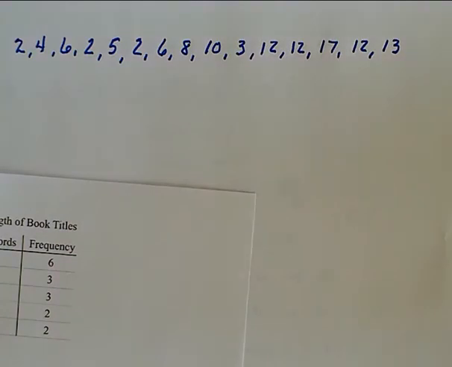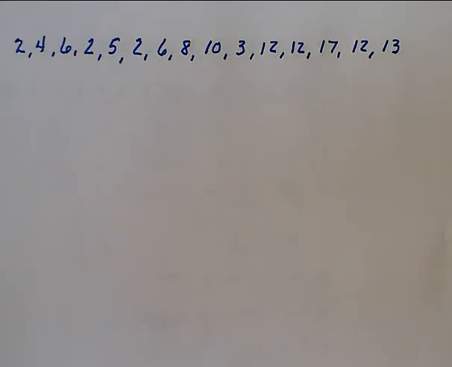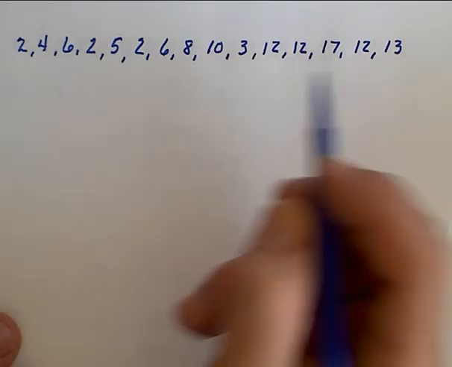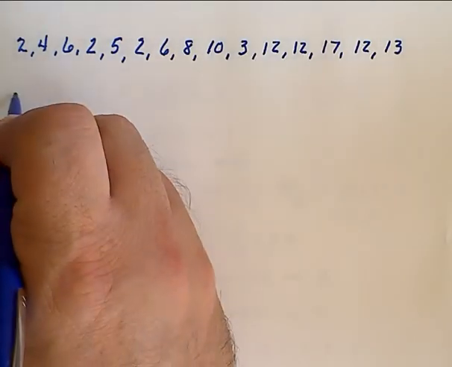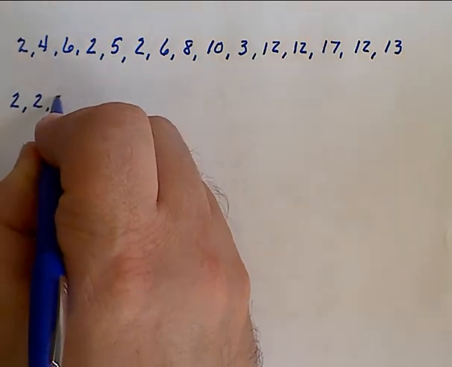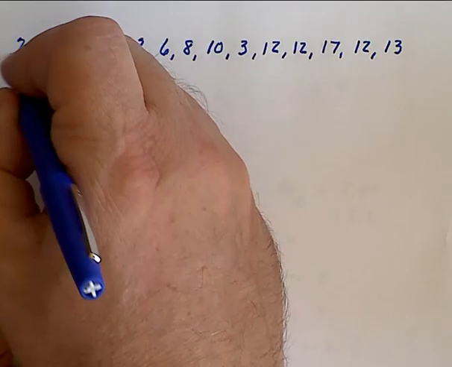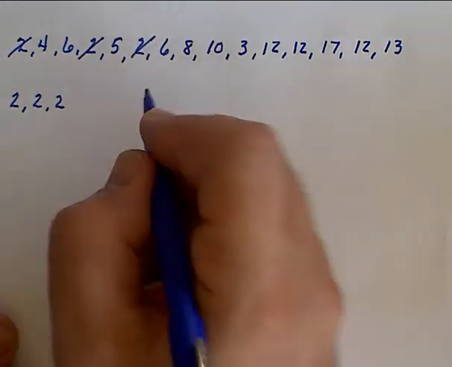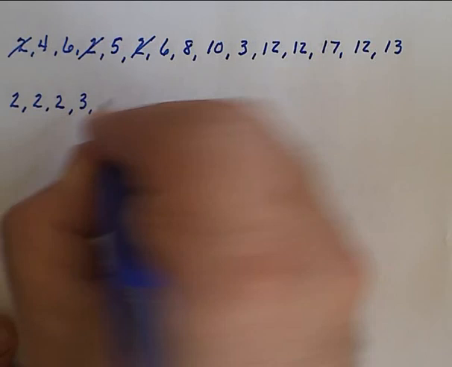And again, first step, take the numbers, put them in order so that we can start doing our calculations. So a 2, a 2, and a 2. Looks like there are 3 of those, and that's it. A 3, only one of those.